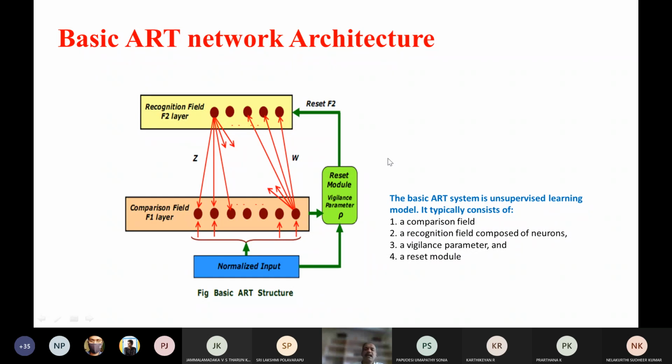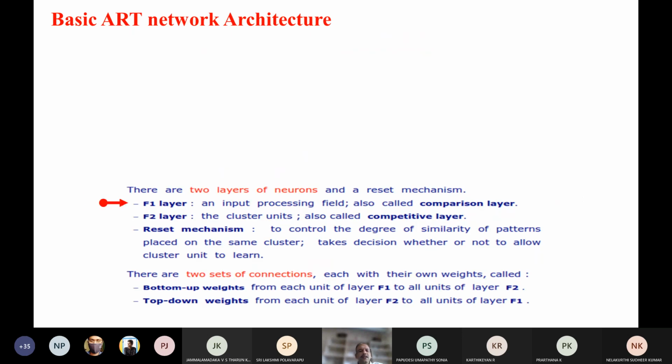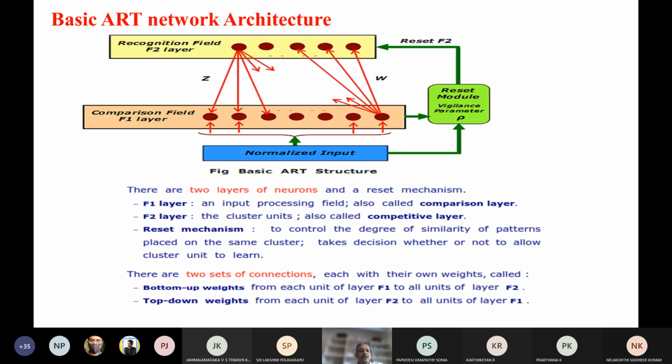with the help of this vigilance parameter called rho, which is available in the reset module. So F1 is the comparison field, F2 is the output layer, and the vigilance parameter is rho, in the reset module. There are two layers of neurons and reset mechanisms.